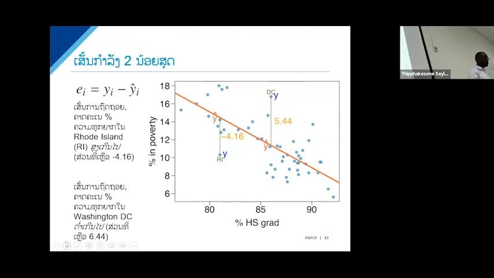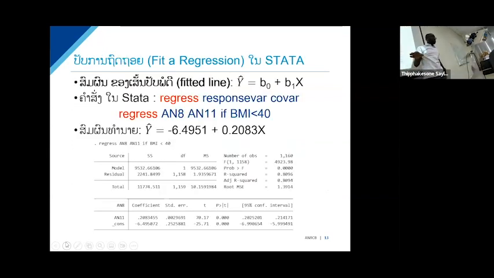And now, once you estimate that equation, once you get the slope and the intercept, Stata, when you put in the data and run this function, will just do what I told you about and estimate the intercept and the slope.